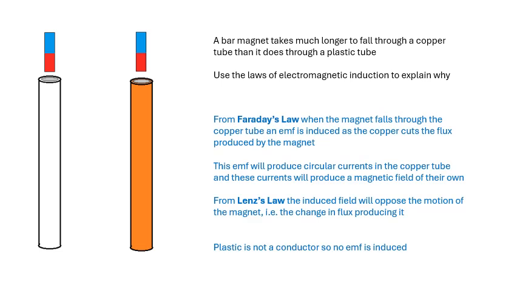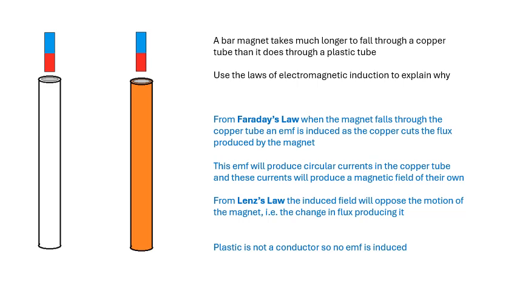From Faraday's law, when the magnet falls through the copper tube, an EMF is induced as the copper cuts the flux produced by the magnet. The EMF will produce circular currents in the copper tube, and these currents will produce a magnetic field of their own. From Lenz's law, the induced field will oppose the motion of the magnet, i.e. the change in flux producing it.